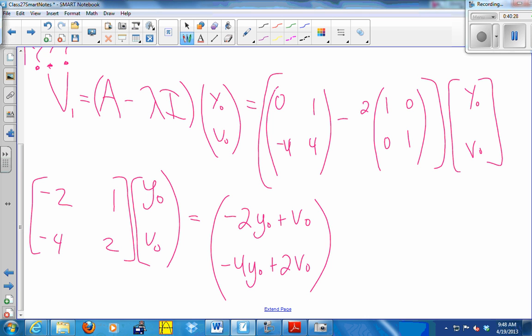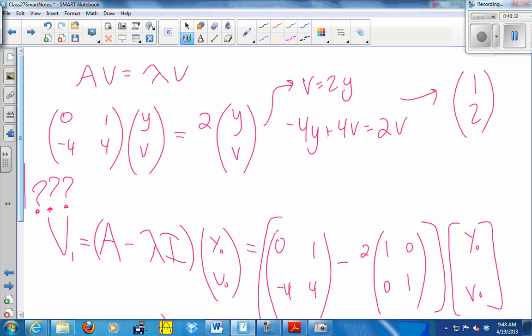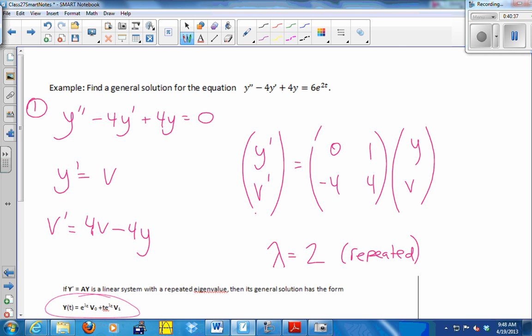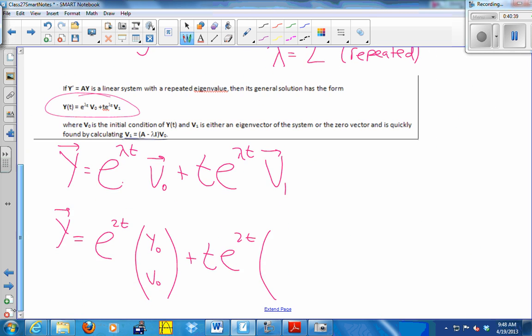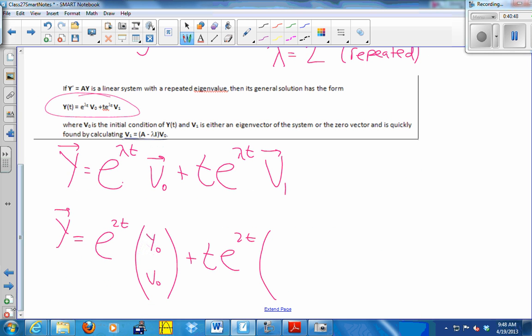That's the eigenvector associated with lambda equals 2. What was it? That was the only way we did it. No, we had to do it the first way, in class.